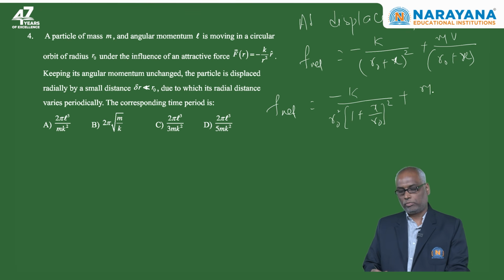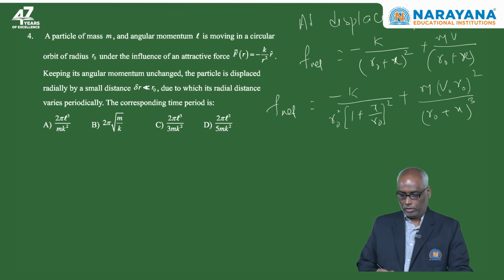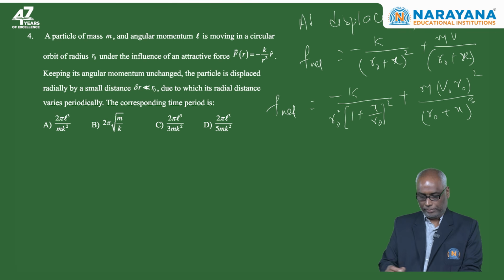From the earlier equation we can write v as v naught r naught divided by r. By r is nothing but r naught plus x. So here we are going to get this one square divided by r naught plus x whole cube. Did you understand?